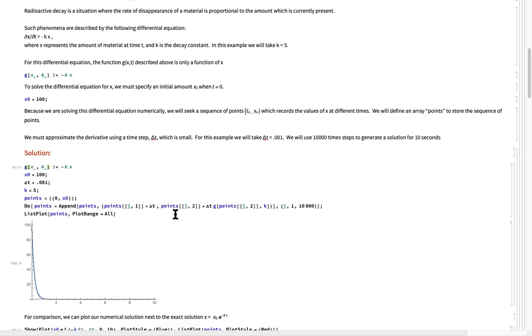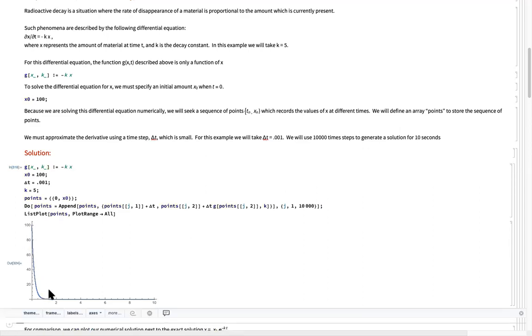And then go to the previous value of x, that'd be the second entry, and then add to it delta t times g evaluated with the previous information. And you just iteratively do that over and over and over, and it reconstructs a sequence of points, and we can see how it goes.